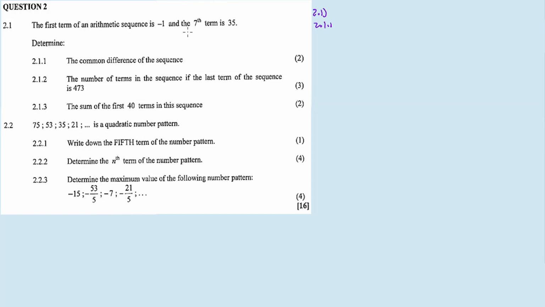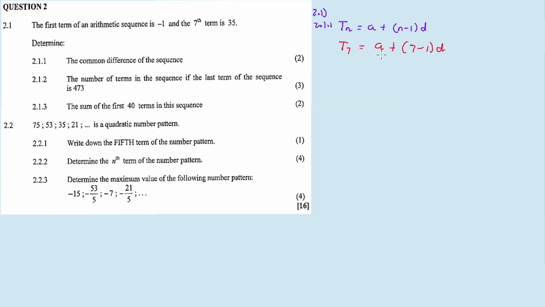u-T1, the first term is also the same as u-A, right? So Tn is equal to A plus n minus 1 times D, the common difference. D is our common difference, and then bangiphe T7 no T1, which is the same as A, right? So we set up an equation for T7.